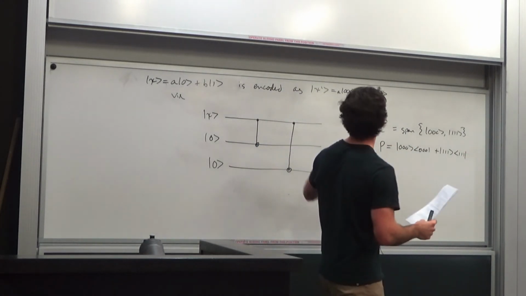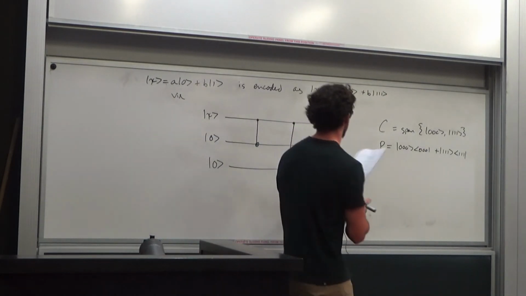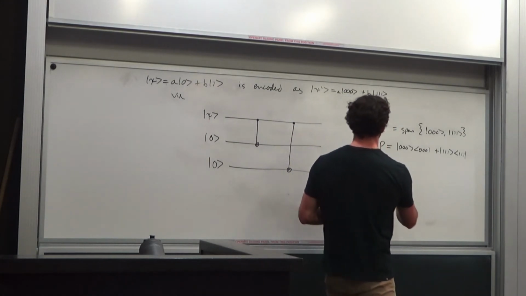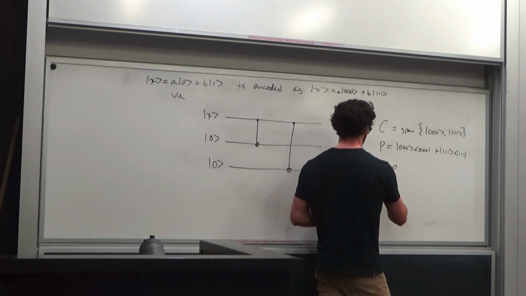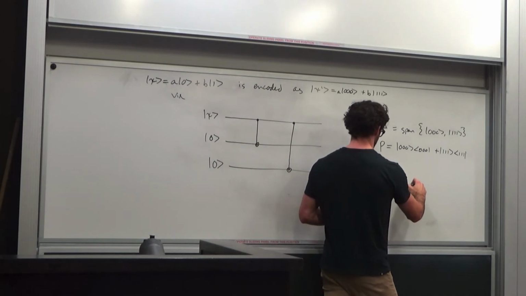But now, if you remember back to that theorem that we looked at before, we had those projectors Pk. So maybe I'll write them here as well. We're going to have P0 is the same as P. P1 is going to be this.